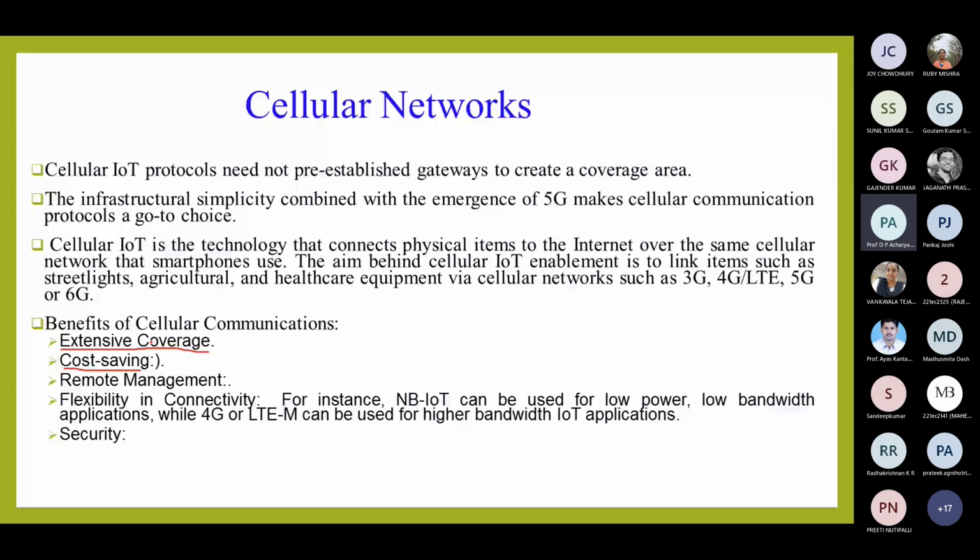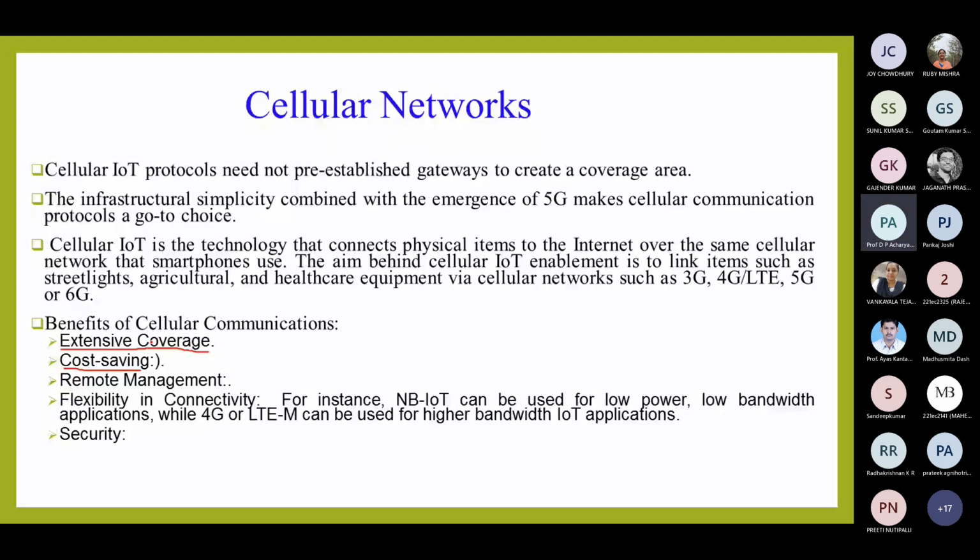And most of the systems like agricultural systems, most of the systems like controlling the illumination in your streets, such things use this cellular communication. And cellular communication protocols are being used.